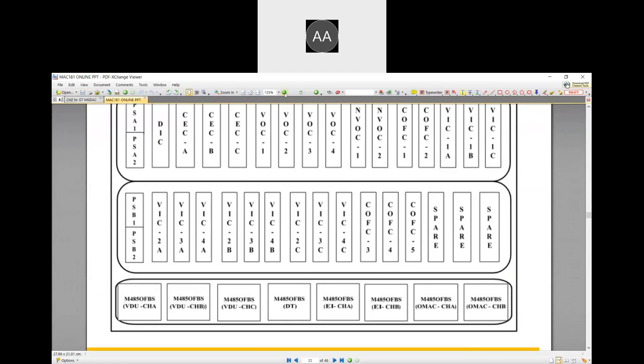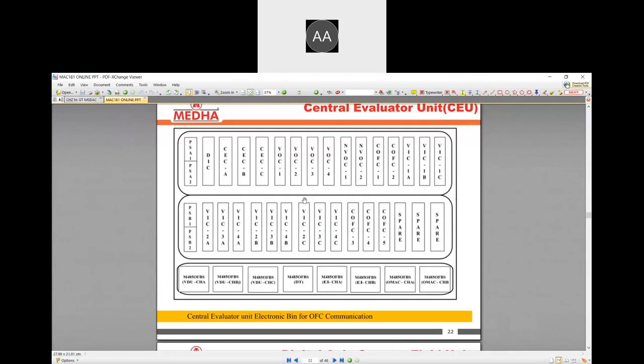That will be the only change in the central evaluator as per the communication. So the only card that will change is the COFC or CEMC as per the type of communication that we will be using.